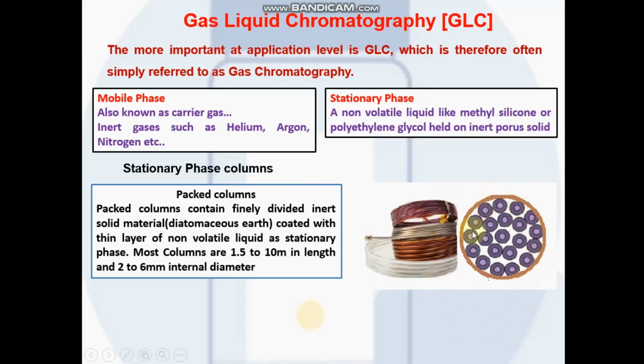The brown ring denotes the outer surface of the column. Inside the column, finely divided inert solid materials are coated with a thin layer of non-volatile liquid. So the packed column has a length of around 1.5 to 10 meters and an internal diameter of around 2 to 6 mm.